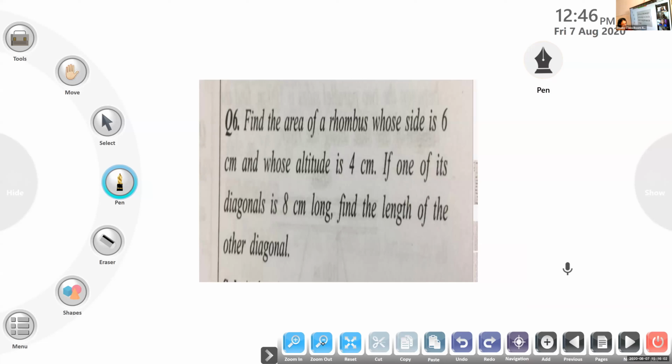Find area of the rhombus whose side is 6 centimeter and whose altitude is 4 centimeter.